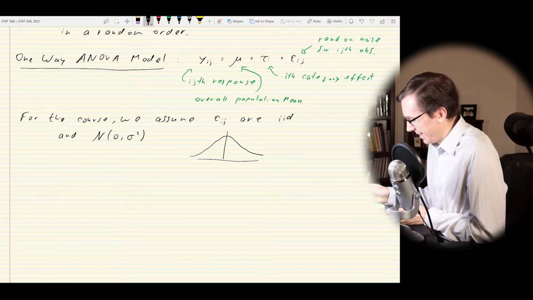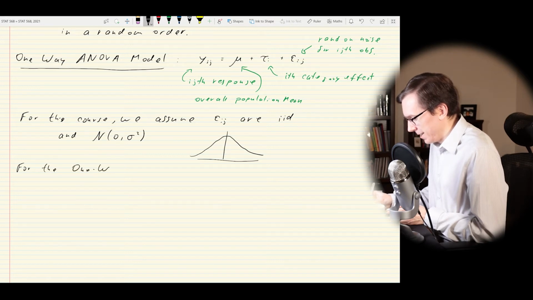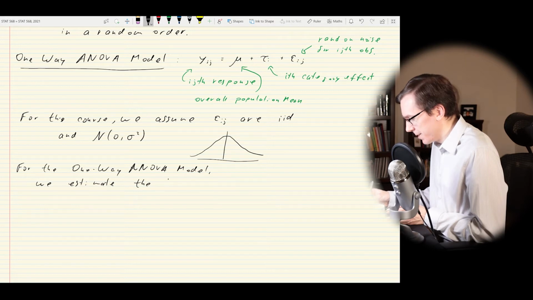Right, so then the idea here is that for the, we'll say, one-way ANOVA model, what do we do? Well, we estimate the terms. So what we have is we have Yij.